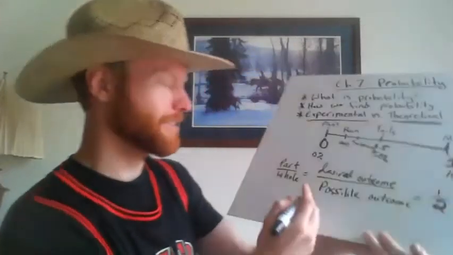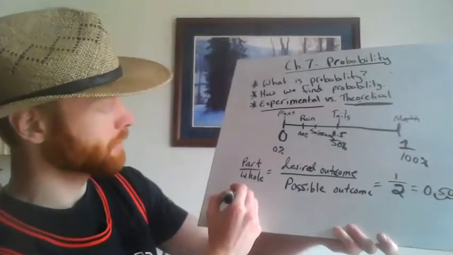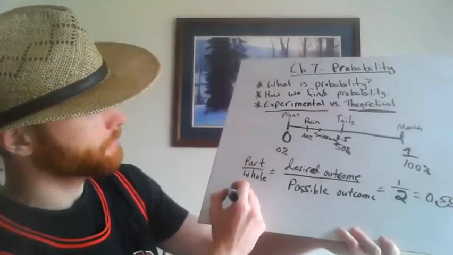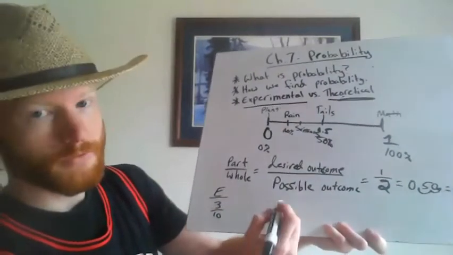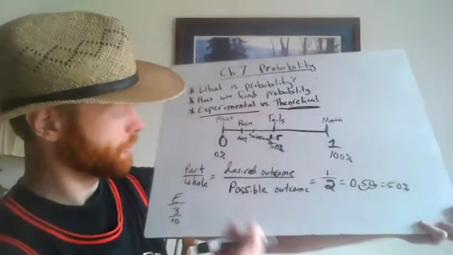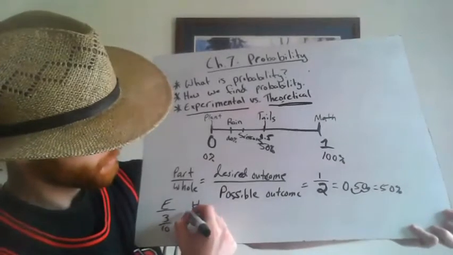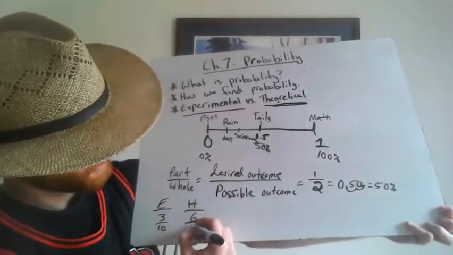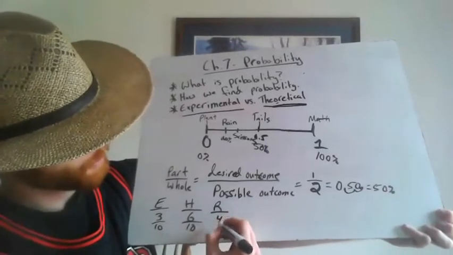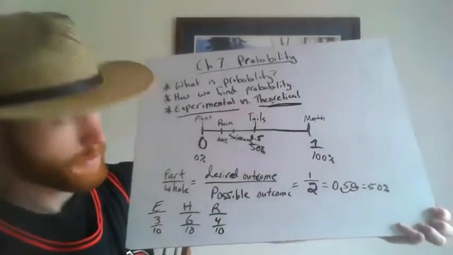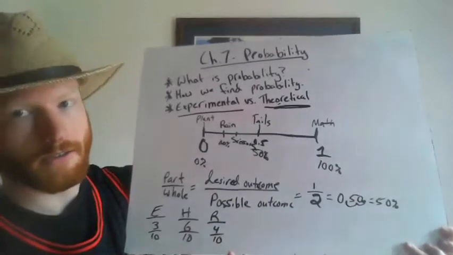Only 3. I was kind of disappointed in that, but whatever. So E for Egger got 3 out of 10. I texted Miss Hewitt. Miss Hewitt got 6 out of 10. And Mr. Rauer got 4 out of 10. All of us were trying to go for tails.